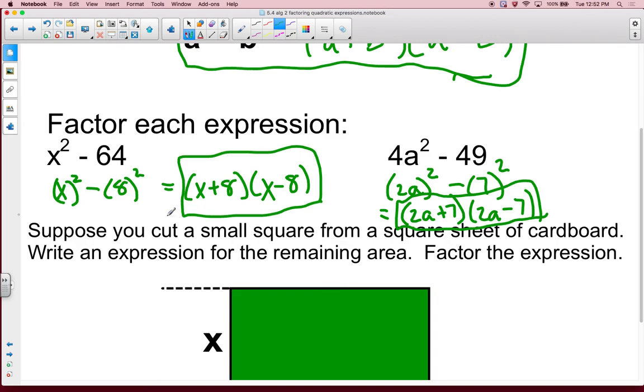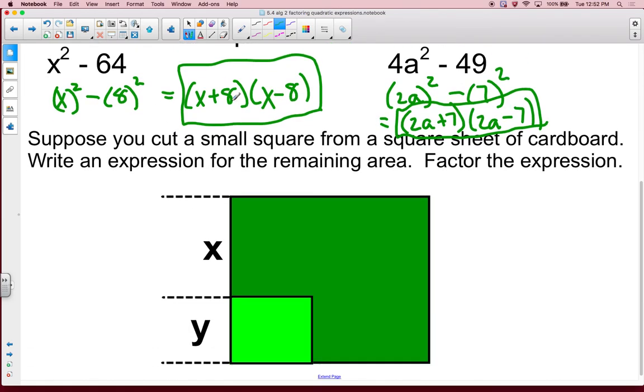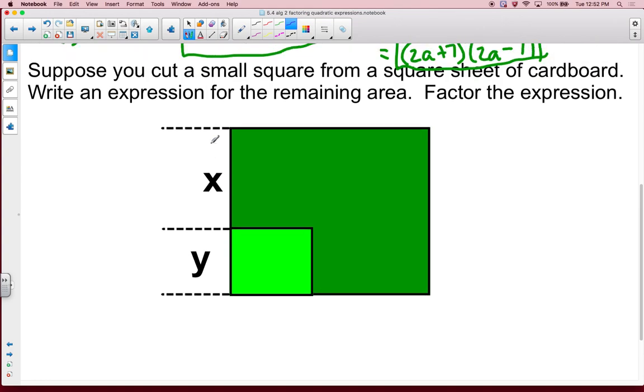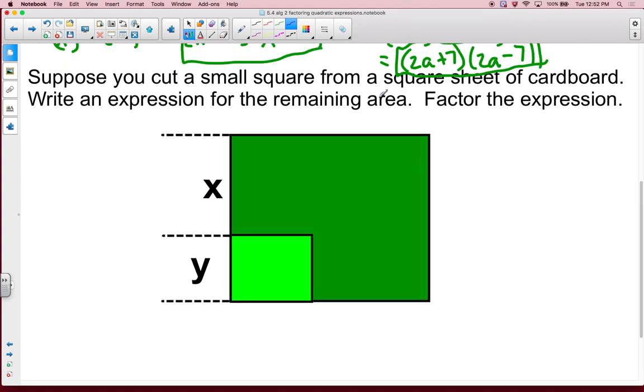Alright, and then finally, here is a little word problem. It says, suppose you cut a small square from a square sheet of cardboard. Write an expression for the remaining area. Factor the expression. We know that these are both squares. We know that this length is x and this length is y.